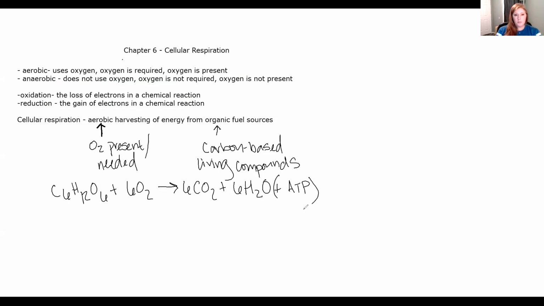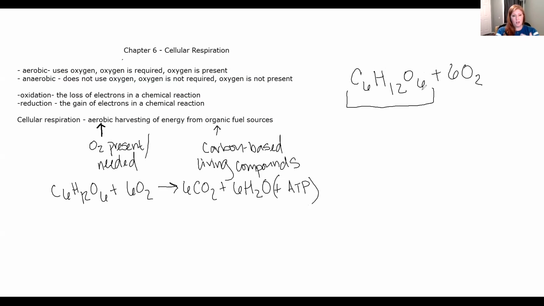Okay, so let me remind you here for just a second how we read chemical formulas. I'm going to come up here and rewrite part of this. Again, this whole thing right here is one molecule. We know that because the letters are all written on top of each other.